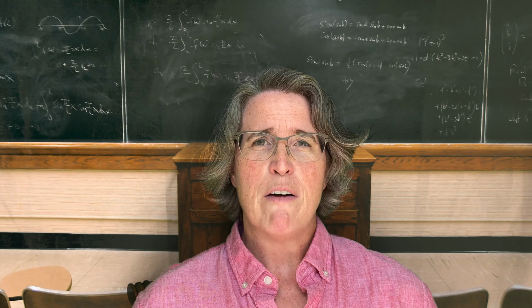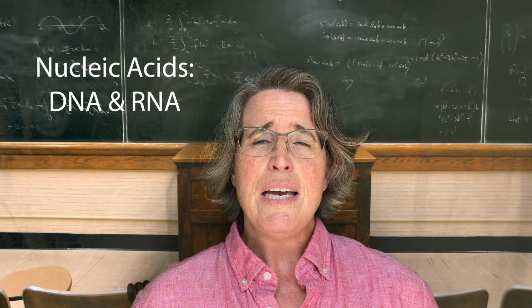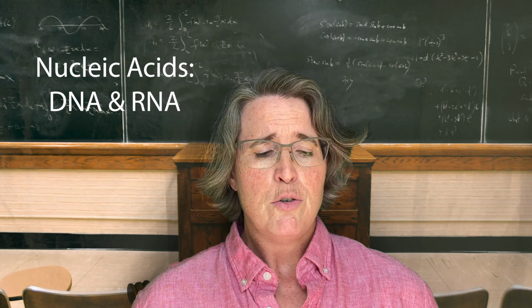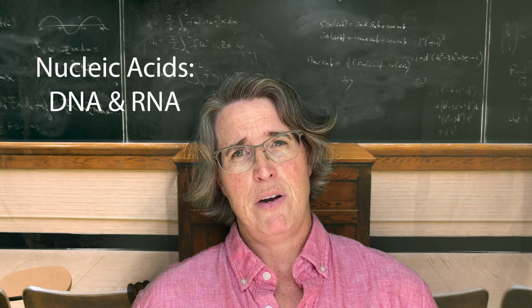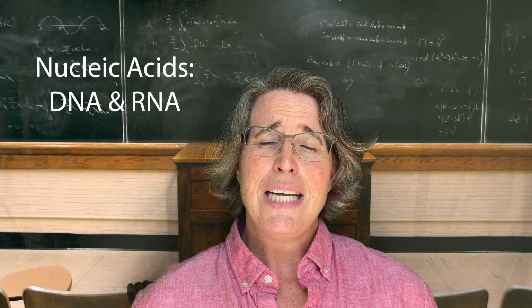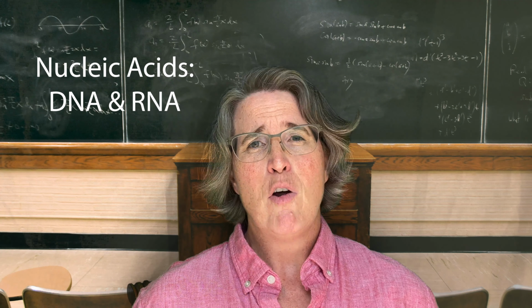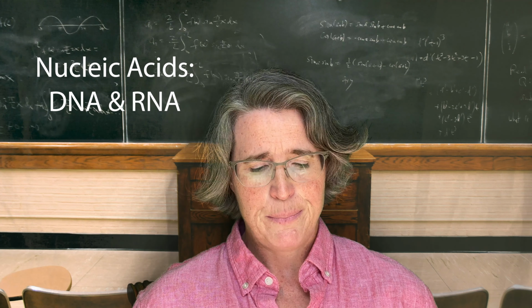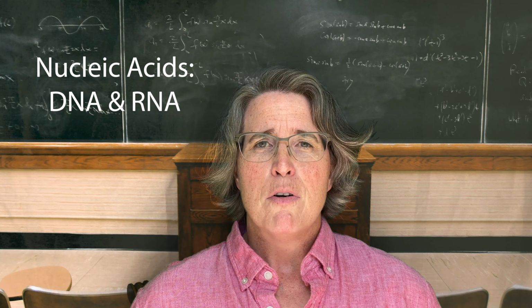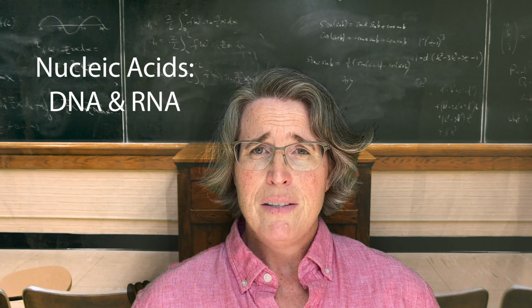And finally, we have nucleic acids. These macromolecules are important because they store, transmit, and express genetic material. The nucleic acids include DNA, deoxyribonucleic acid, and RNA, ribonucleic acid. Nucleic acids are made up of the monomers known as nucleotides.